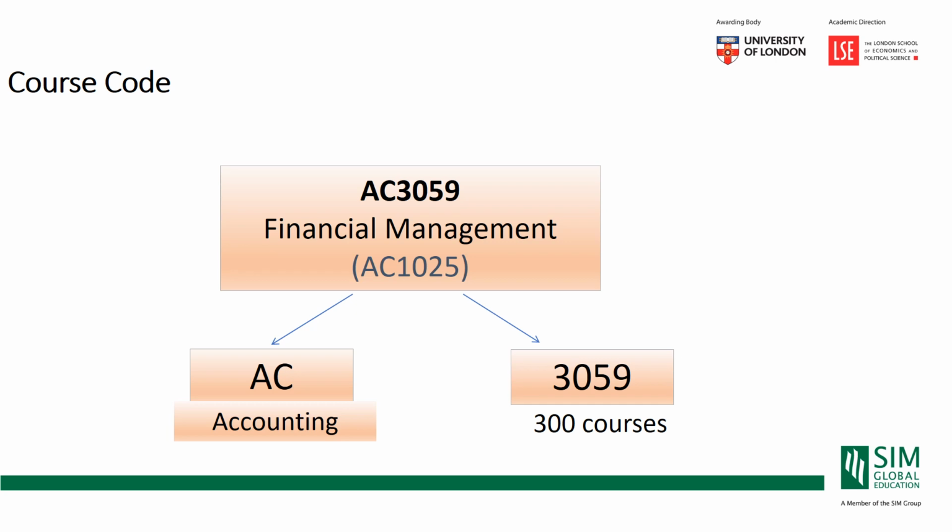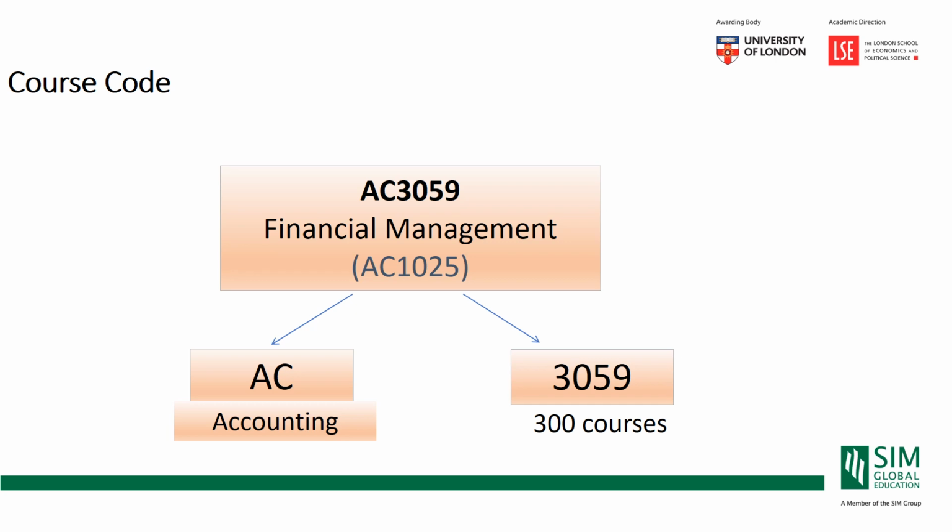As you can see from here, AC means accounting, and the 3 at the beginning of 3059 means that this is a 300 level course. A 300 level course is an advanced course or advanced unit.